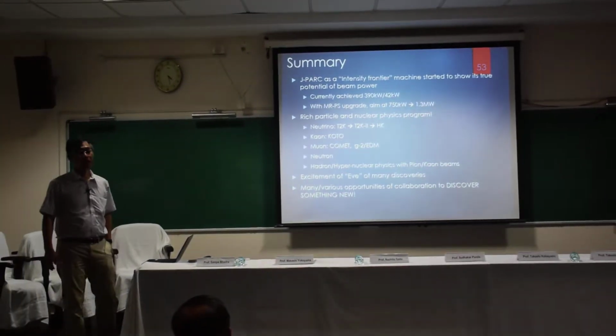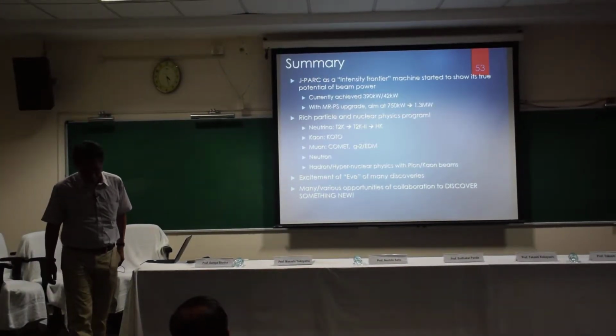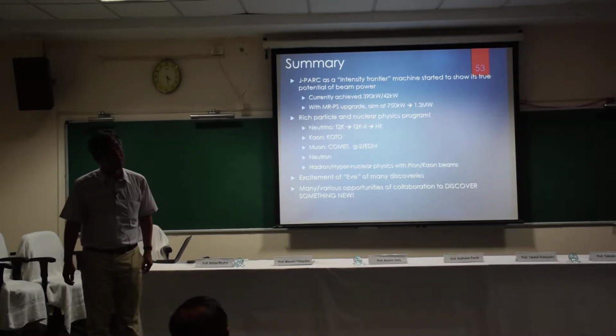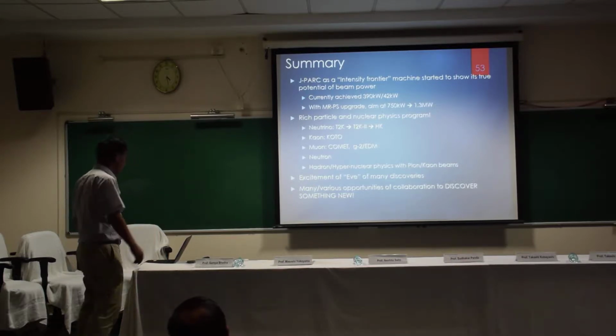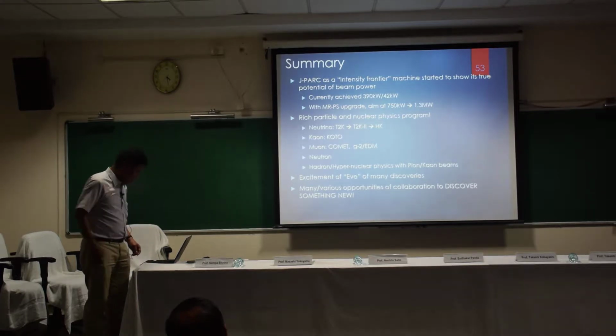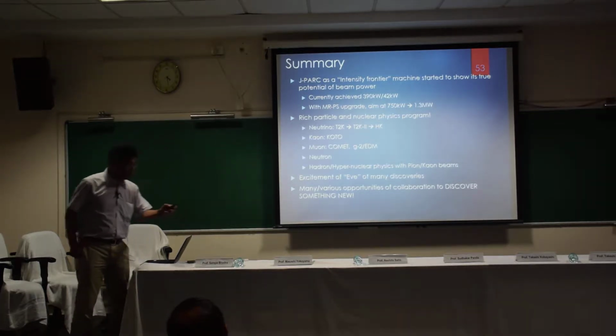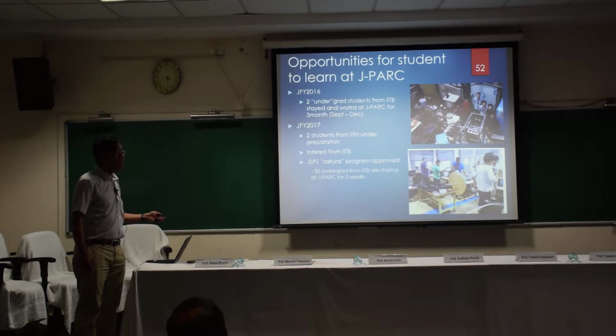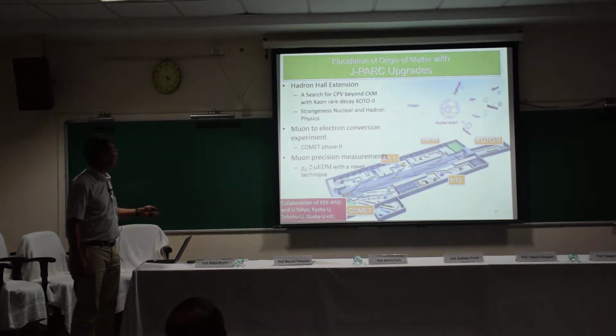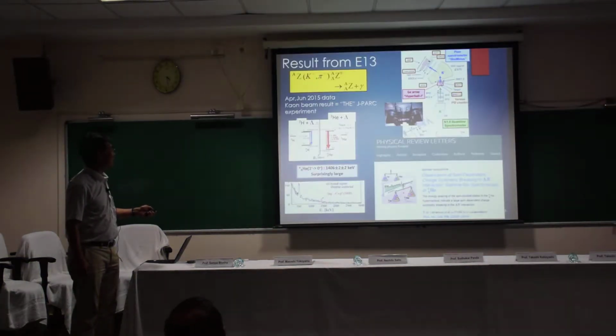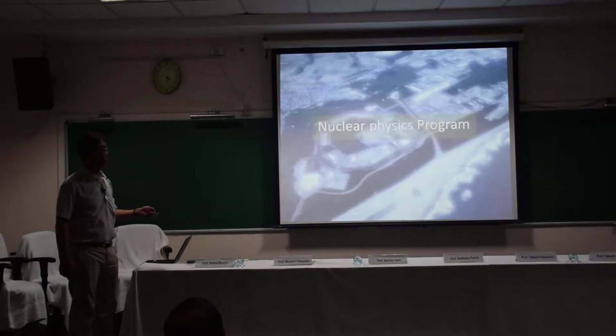Given the abundant muon particles, is it possible to explore the charged lepton flavor violation mu going to e gamma? Yes. Mu to e gamma is not proposed in this J-PARC, but the mu-e conversion is currently in preparation.